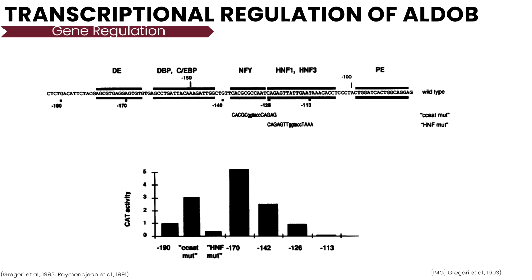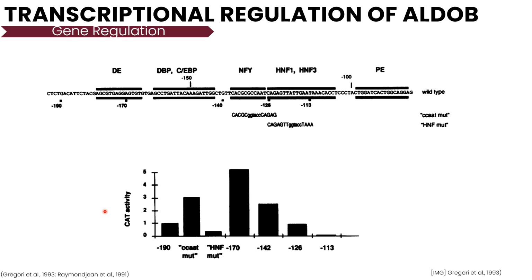So, how does a liver cell know when and where to turn on our ALDO-B gene? Well, to answer that, we need to move upstream from the enzyme itself and look at the promoter of the ALDO-B gene, which takes us into our gene regulation bookmark, our last bookmark of our lesson.